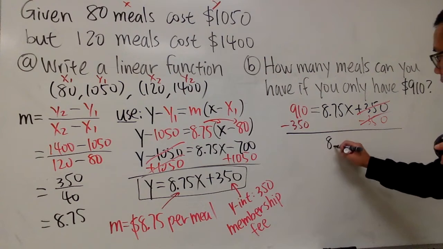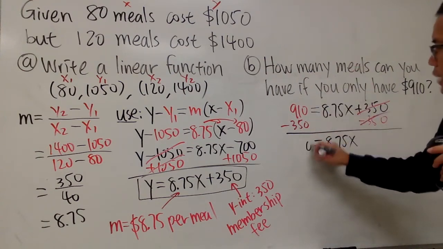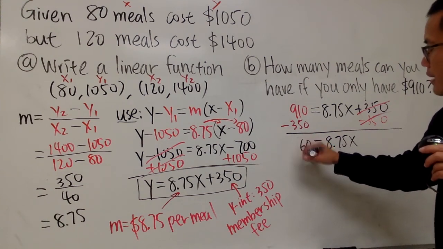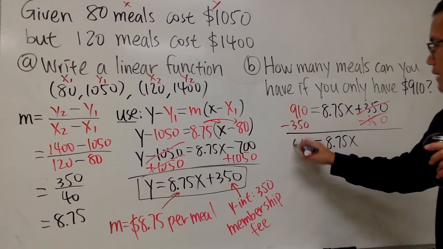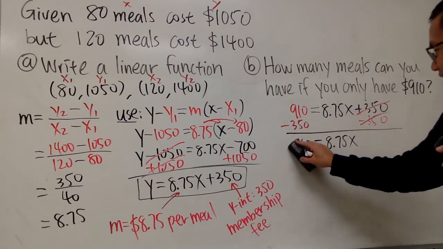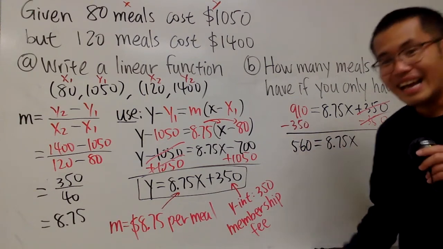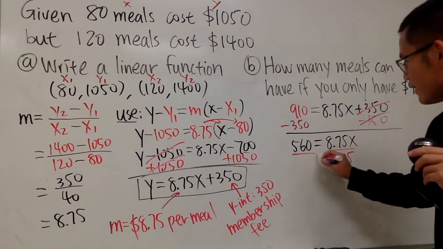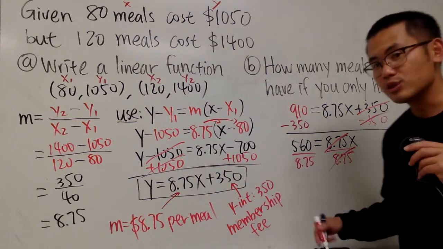Here, we get 8.75x, and when we subtract, we will end up with 560. And then, finally, we can just divide both sides by 8.75, so that this and that will cancel. And of course, just work that out.